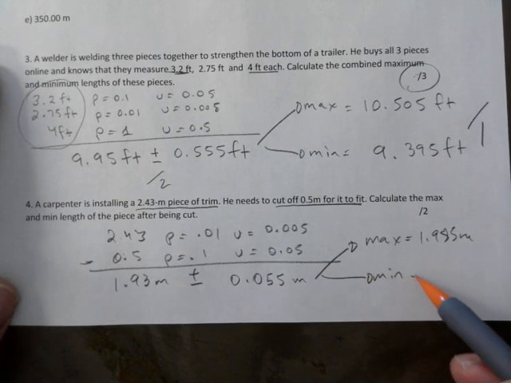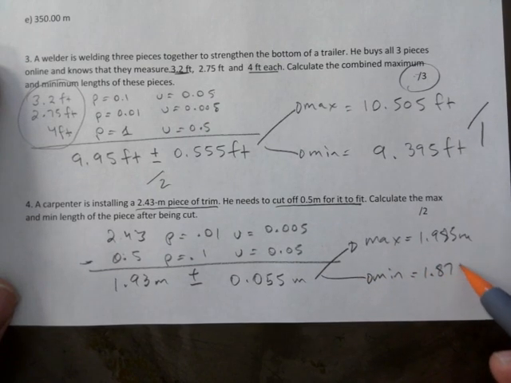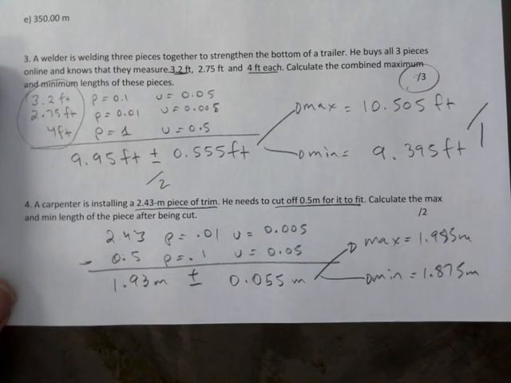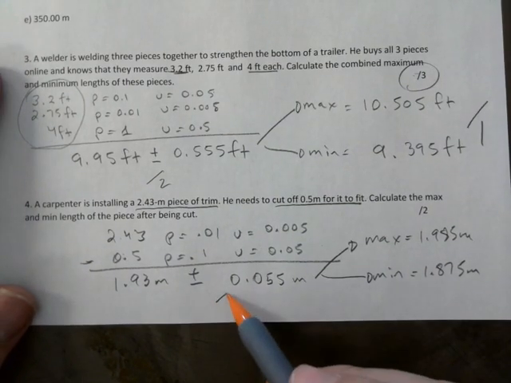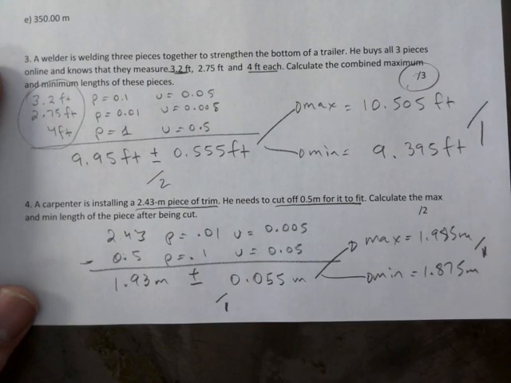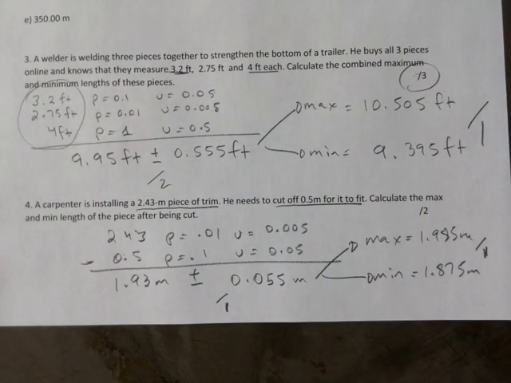The lowest is 1.875 of a meter. So here I would give you 1 mark for this piece and 1 mark for getting the max and the min. Would you like to keep this one? You get to keep this one. Let me see here.